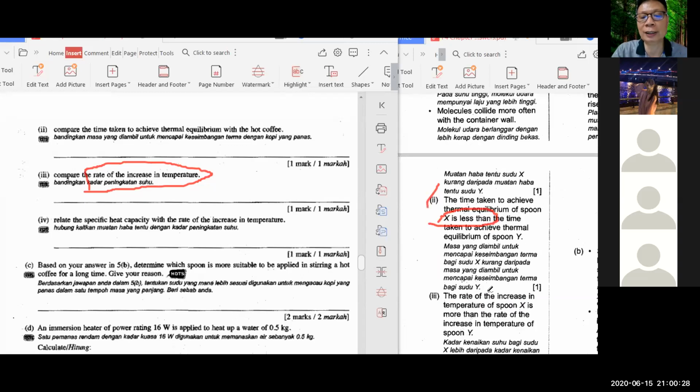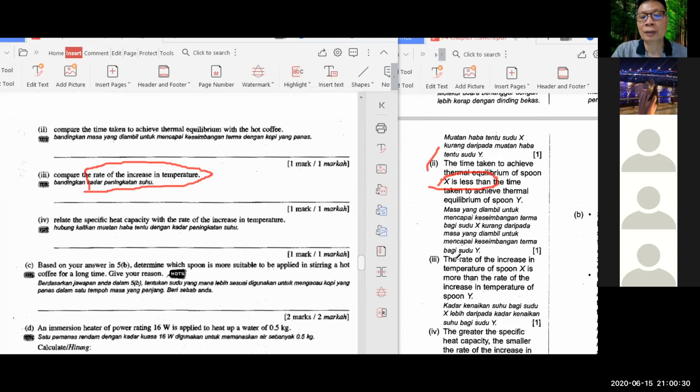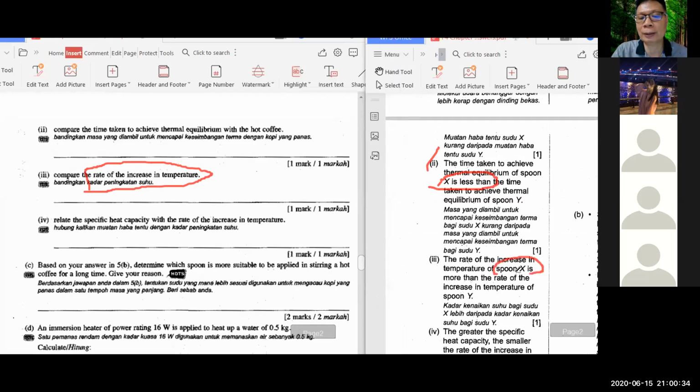So you see the answer here. The rate of increase in temperature of X is more than Y. Spoon X rate is more than spoon Y.